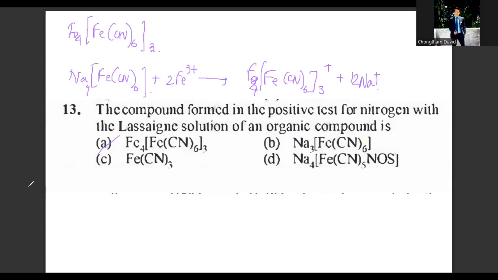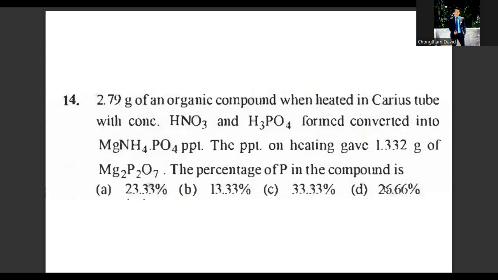Question number 14. This will be in the category of quantitative analysis. Okay, so you have to find the percentage of phosphorus, right? Read the question. 2.79 gram of an organic compound when heated with Carius tube and concentrated nitric acid, phosphoric acid forms and is converted into a precipitate. The magnesium precipitate on heating gives 1.332 gram magnesium pyrophosphate.